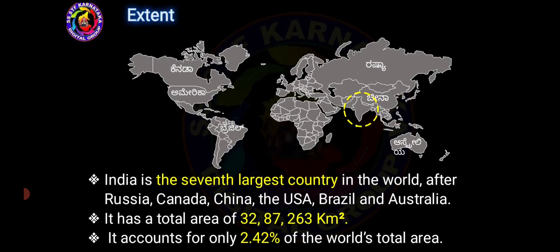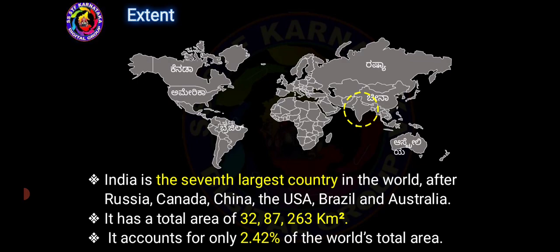Now let's talk about the extent of our country. India is the 7th largest country in the world, after Russia, Canada, China, the United States, Brazil and Australia. It has a total area of 32 lakhs 87,263 square kilometers.